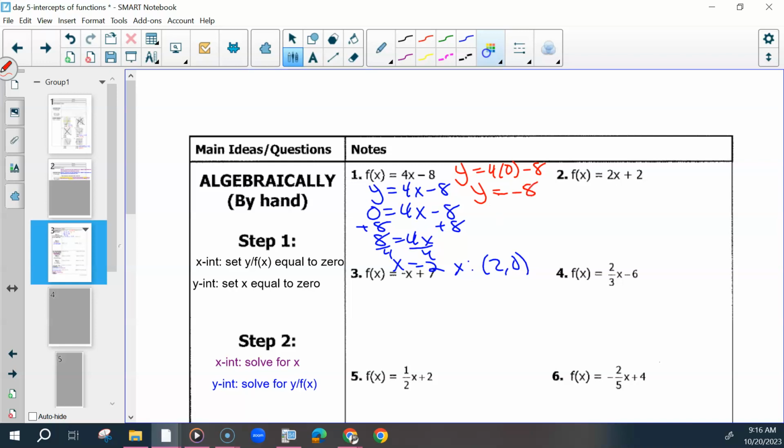And that ordered pair would be (0, -8). With your y-intercept, if it's in this format, you can really just look right here. It's in slope-intercept form, just f of x instead of y. So you don't have to do the work if you notice that it's in this format, because it gives you your y-intercept. Questions on that one before we do another?